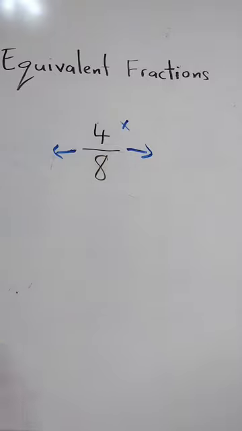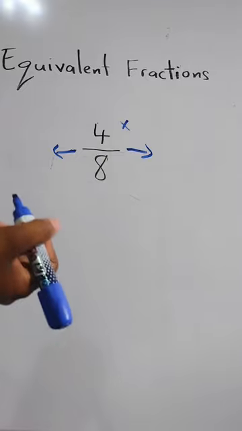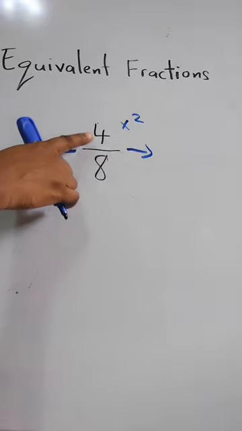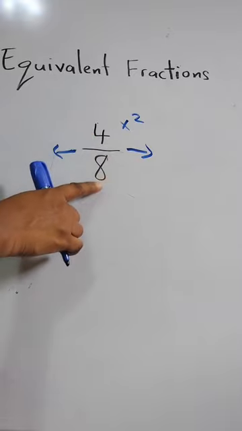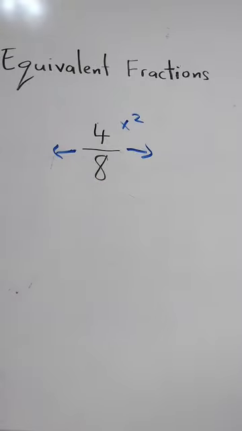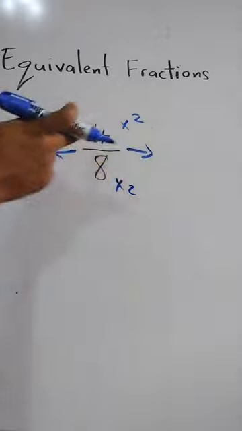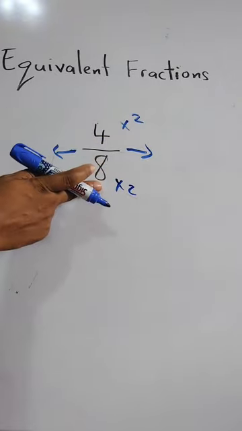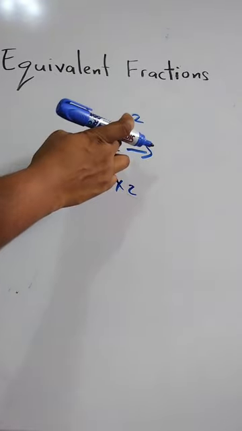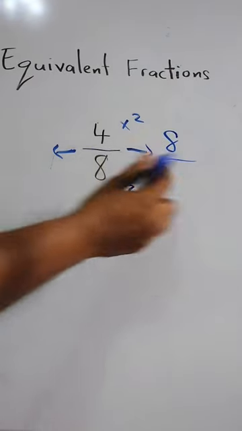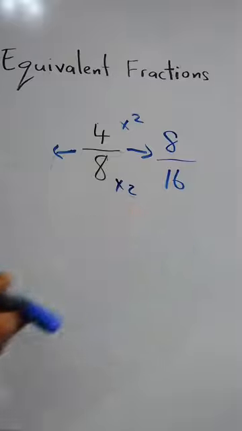So I'm going to start at the next whole number, which is 2. Since I'm creating an equivalent fraction, if I change my numerator, I must change my denominator as well, because whatever I did to the top, I must do the same thing to the bottom. So if I multiply 4 by 2, I get 8. If I multiply 8 by 2, I get 16.